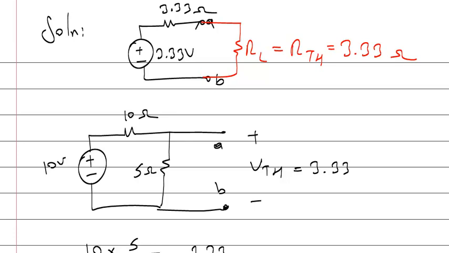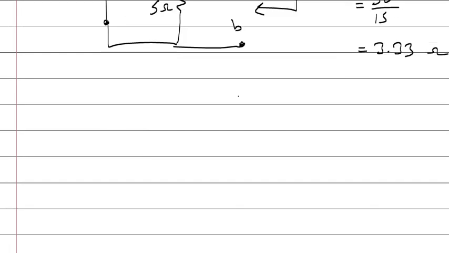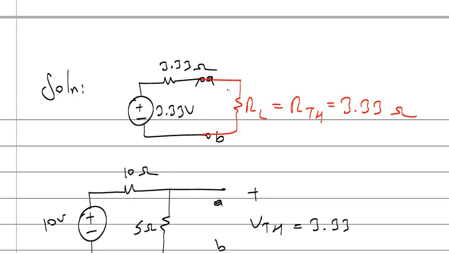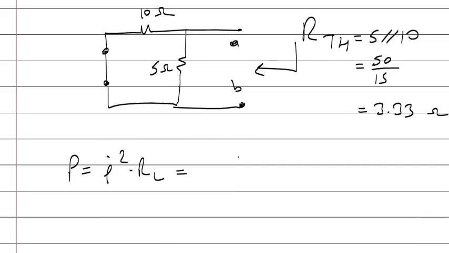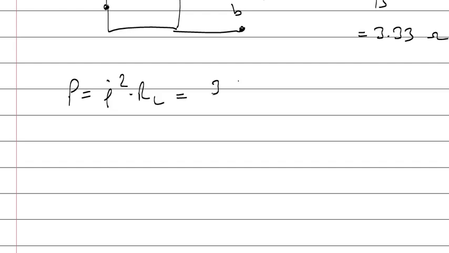So if I connect that resistance, what's the power? Power is I squared RL. What's the current of the circuit? Voltage divided by the resistance. Voltage is 3.33. Total resistance is twice that.